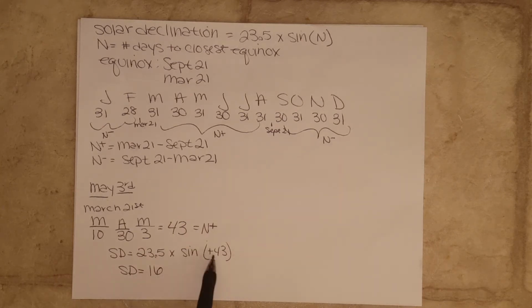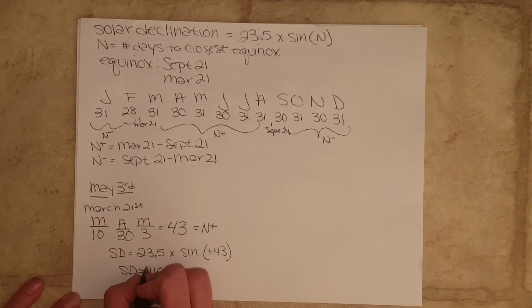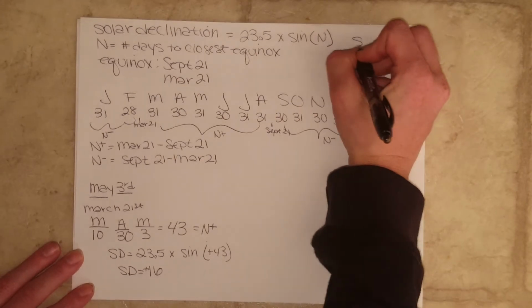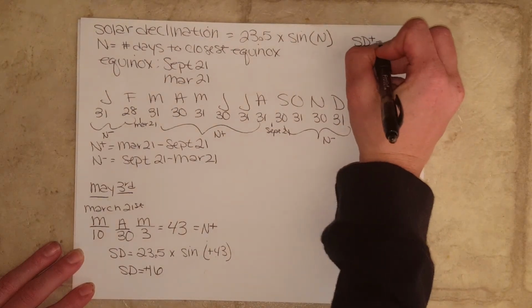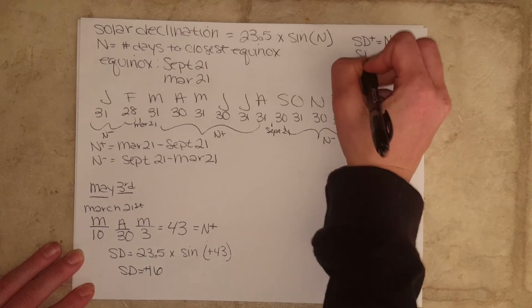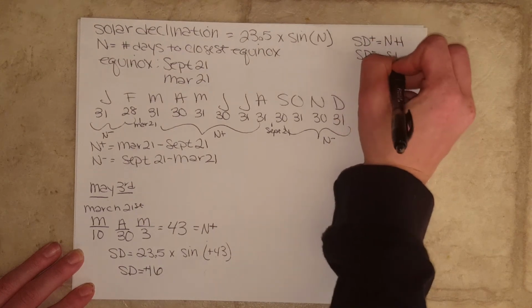And so again, because our n was positive, when we put this into our calculator, this is going to be positive. Now, one thing that we'll talk about and also applies here is that any value that's positive is the northern hemisphere. So if our solar declination is positive, we're in the northern hemisphere. If our solar declination is negative, we're in the southern hemisphere.